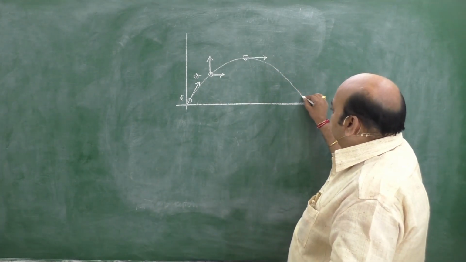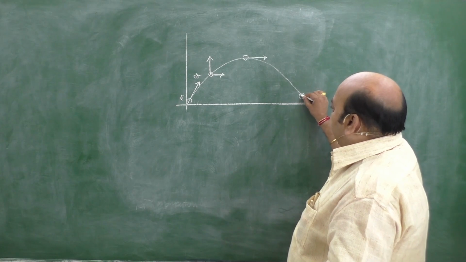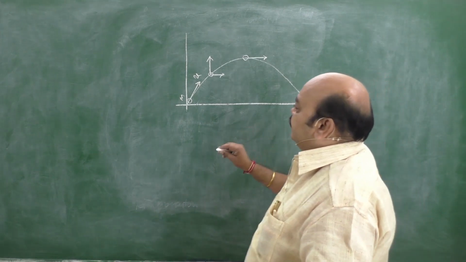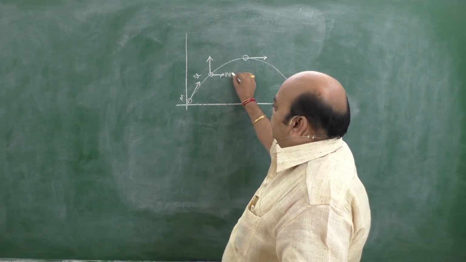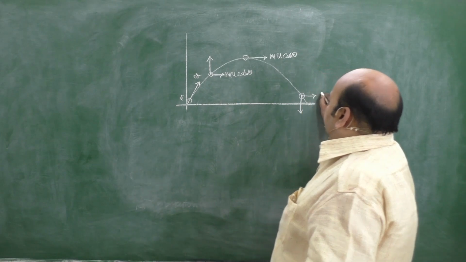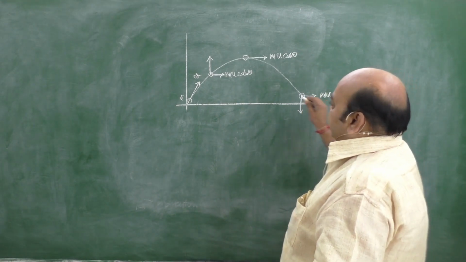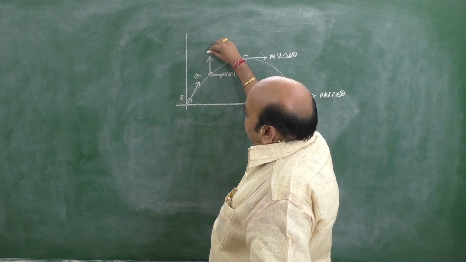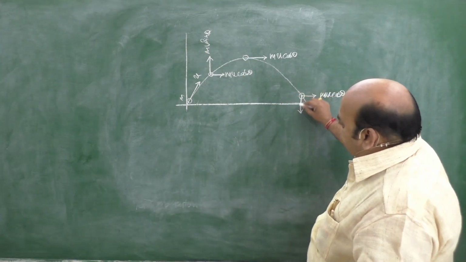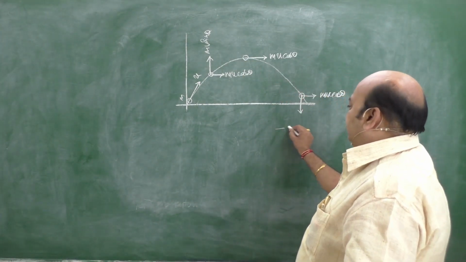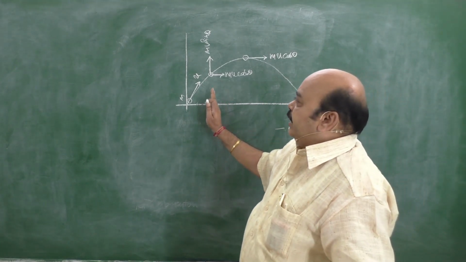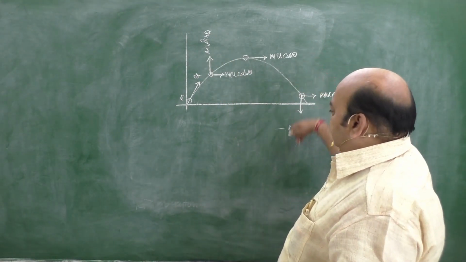Coming to the final point, here it has a horizontal velocity as well as a vertical component of velocity. The only difference is that, for example, if you take this as mu cos theta, here it is mu cos theta, and once again here also it is mu cos theta. For the upward motion, if you consider this as mu sin theta, here it is in the opposite direction, minus mu sin theta, because one is moving against gravitation and the other is moving towards gravitation.